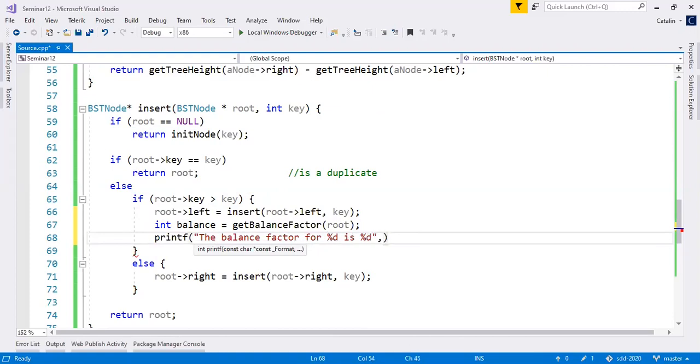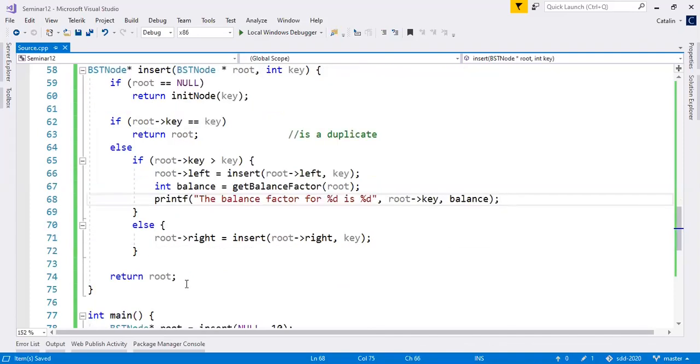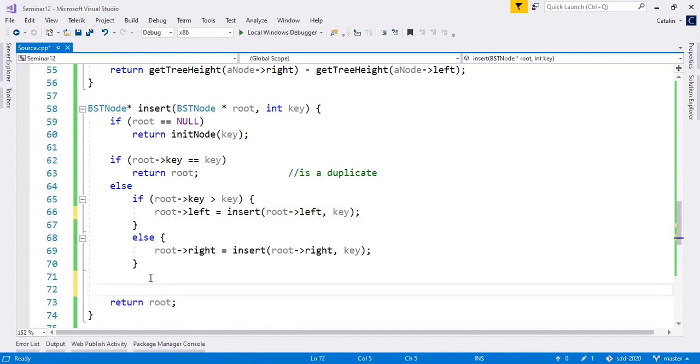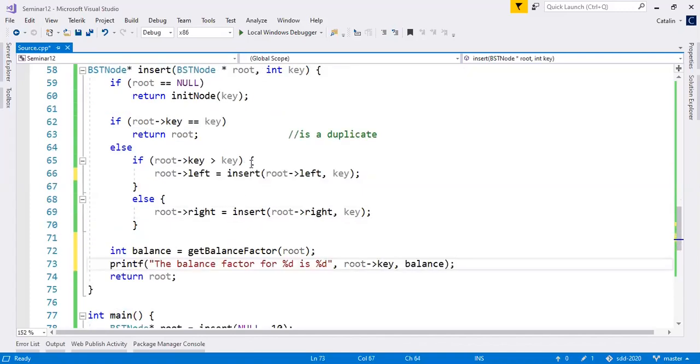So here I want to print the key and the balance factor. Once again, let's write this only once here. Sorry for that, because in the end it's the same root, so it's the same value. Okay, just leave the brackets, maybe we will need them later.